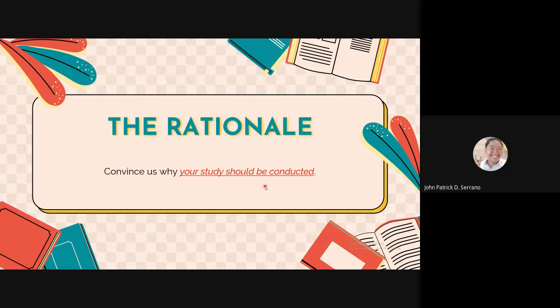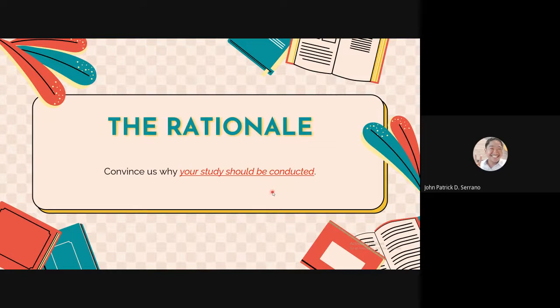Ganun lang siya kadali. Kung tutuusin, you discuss your problems and then you justify bakit kailangan makonduct yung study mo. Tungkol ba saan yung study mo and how your study could address the problem that you have sought. 2 to 3 pages could be enough na po to write a good and a comprehensive rationale of your study.